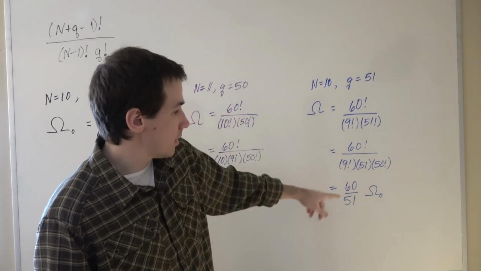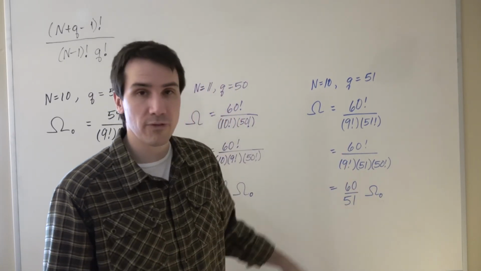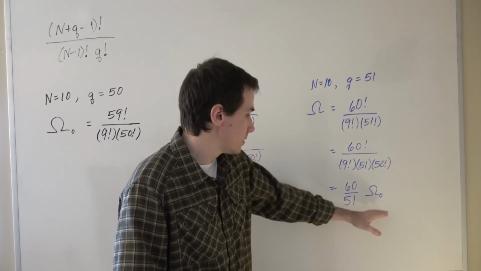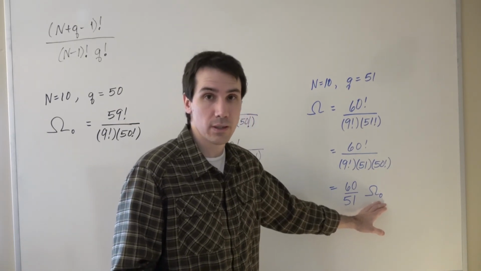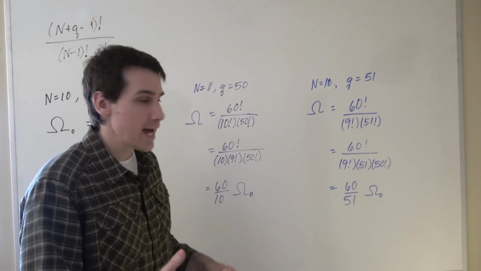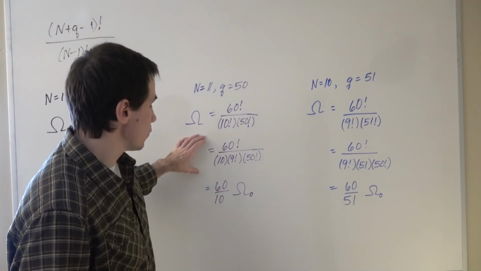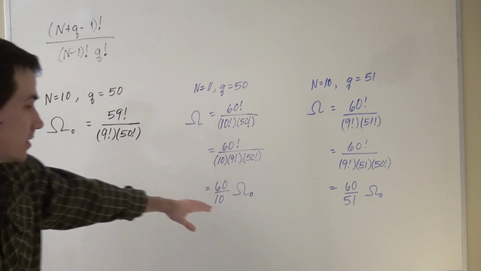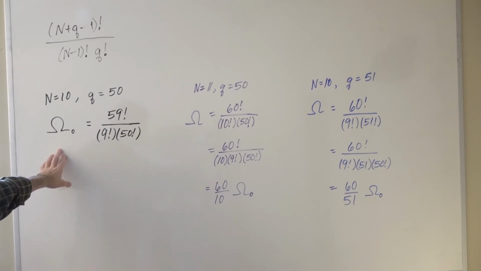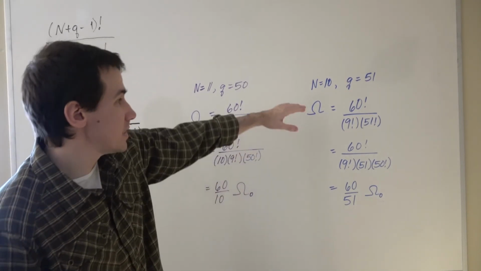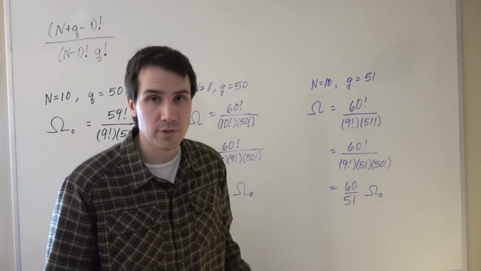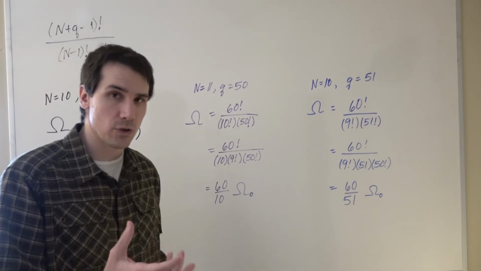Doing the same trick on top, we get that this is 60 over 51, so a little over 1 times the original multiplicity. So adding one oscillator increases our multiplicity by about 6-fold here, while increasing our energy by 1 unit only gives us about a 20% increase in our total multiplicity.